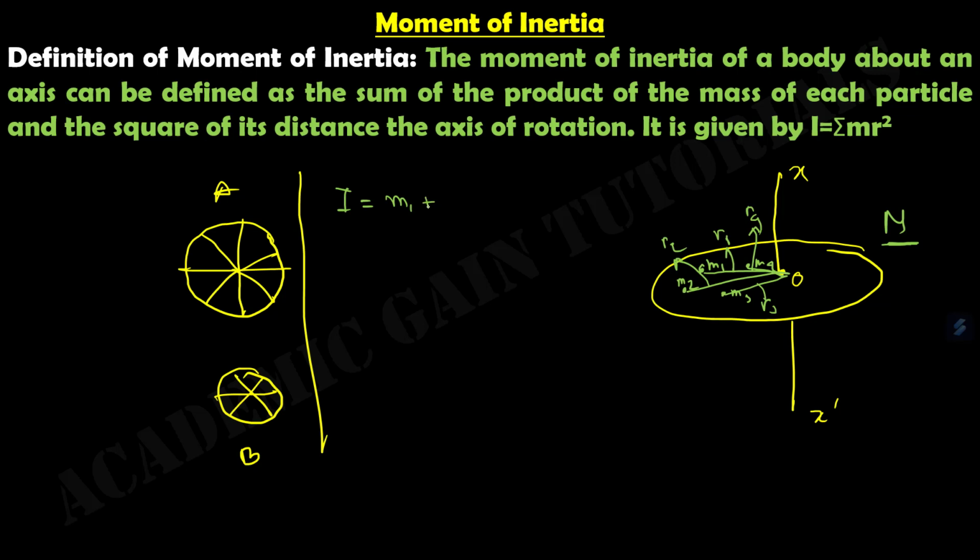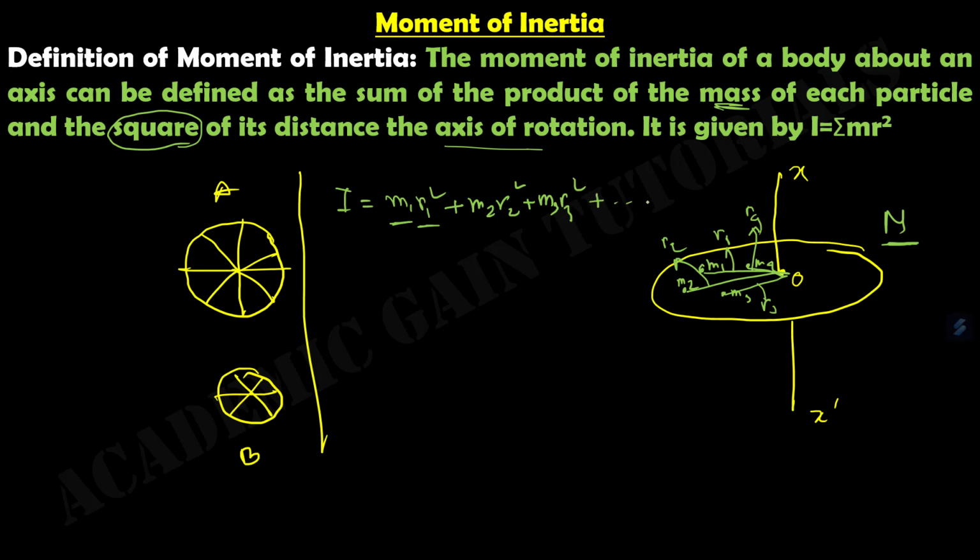So the summation of m1 r1 square, because this says the mass of each particle and the square of its distance from the axis of rotation. So m1 is the particle, r1 is the distance of the m1 particle, and the square of this represents the inertia for the m1 particle. For the m2 particle, that will be m2 r2 square. For the m3 particle, it will be m3 r3 square.